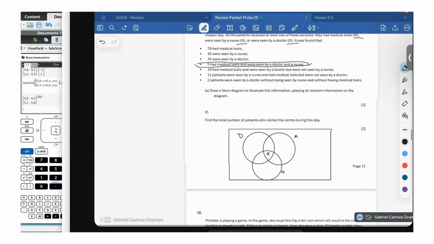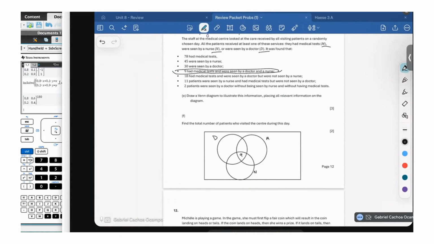Then, pick the data that has the most information. For example, 2 patients were seen by a doctor without seeing a nurse and without receiving any medical tests.